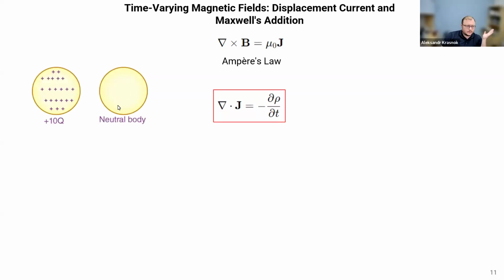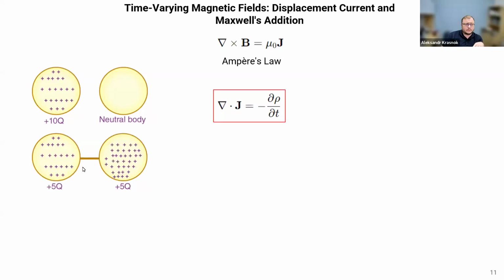For example, if you have two bodies, one is charged by 10 coulomb, and another one is neutral, you can connect them. Of course, some charge will move from the charged body to the neutral body, and as a result, you will reach this equilibrium, right?